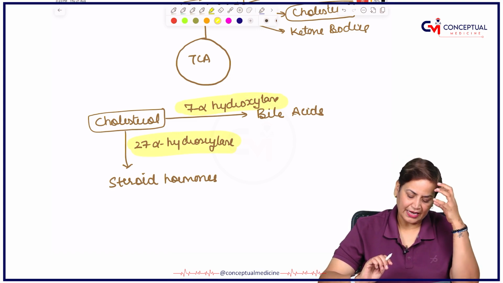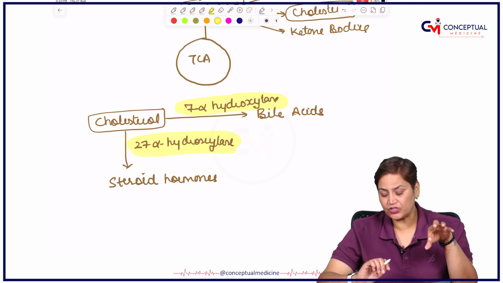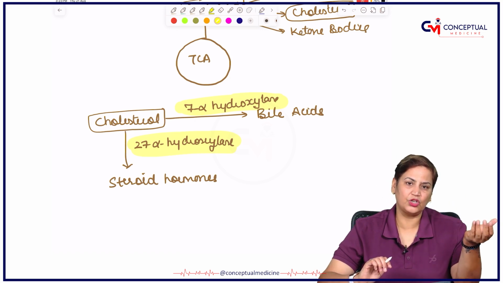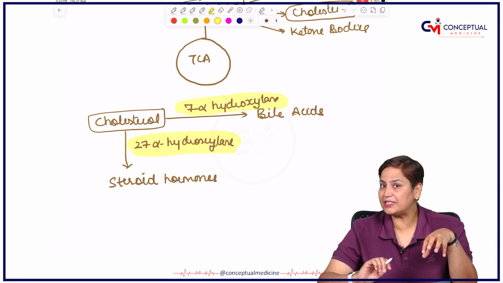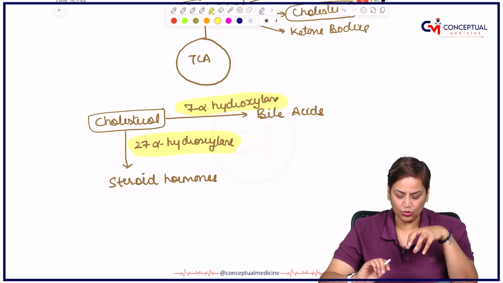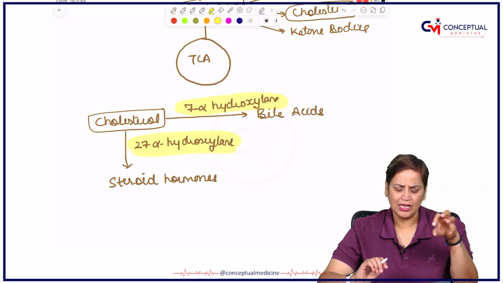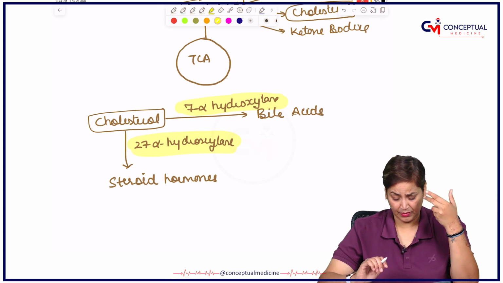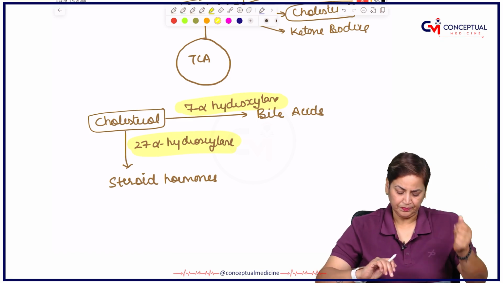So whenever hydroxylation is at the 7th position, cholesterol will lead to the formation of bile acids, and whenever hydroxylation is at the 27th position, it will lead to the formation of steroid hormones, regulated by the genes. So this is again a process regulated by enzymes or the genes.